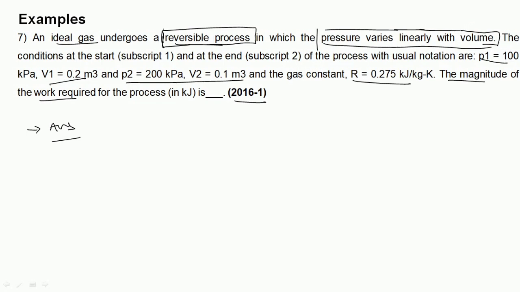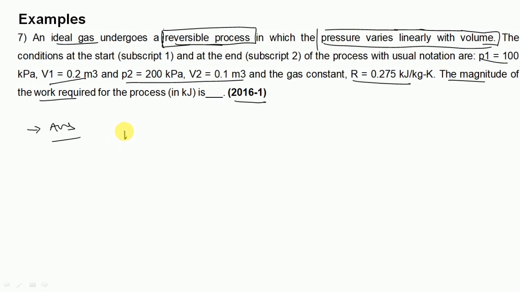The pressure is increased, volume decreases, and from the given data, the pressure is 100 kilopascal, the volume is 0.2. Pressure is increased to 200 and volume becomes half, so it is decreased by 50%.